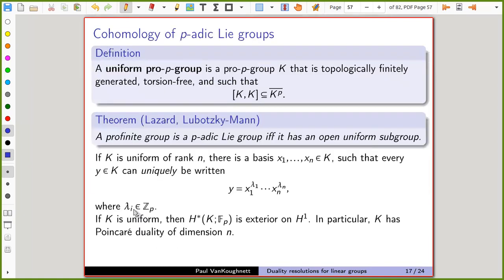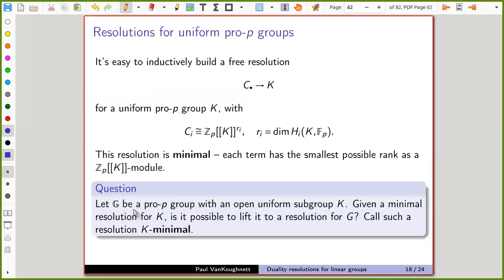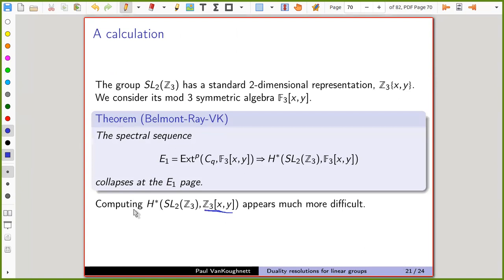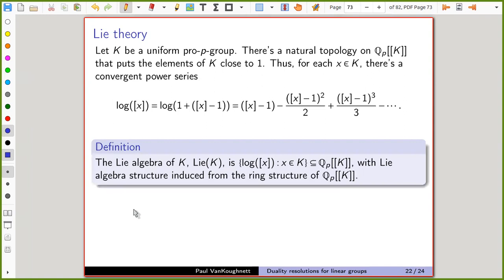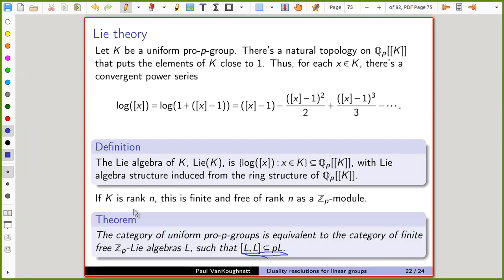I was mentioning it as an idea that doesn't work for constructing the resolution, but you can use it to compute the cohomology of K, and then maybe use some Lyndon-Hochschild-Serre spectral sequence to say something about the cohomology of G. You wanted to make the coefficients smaller, from the universal enveloping algebra to something smaller.